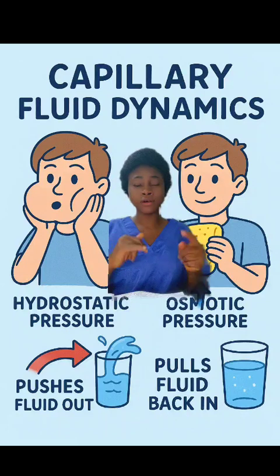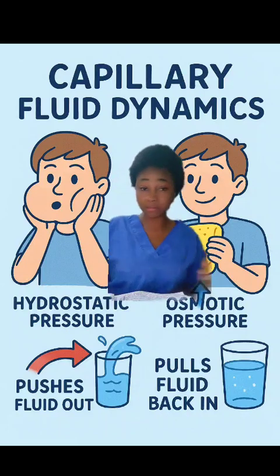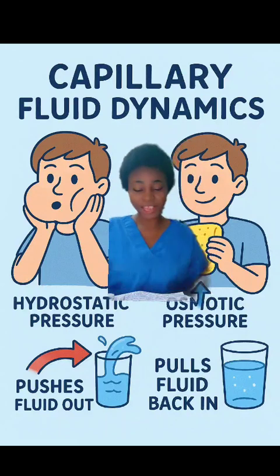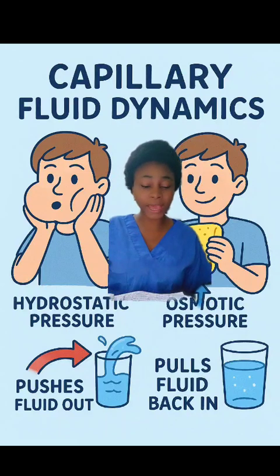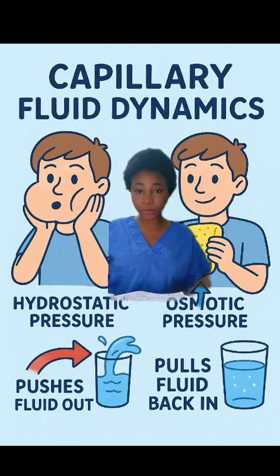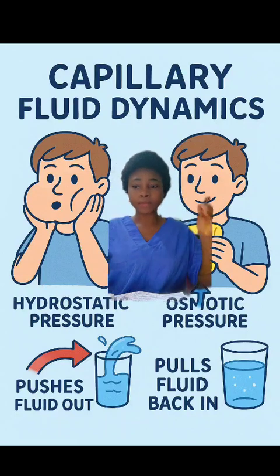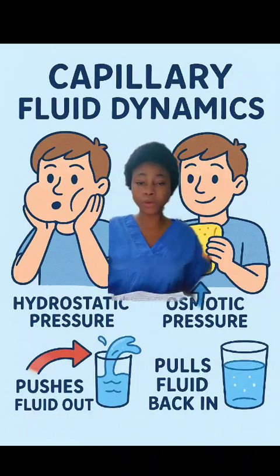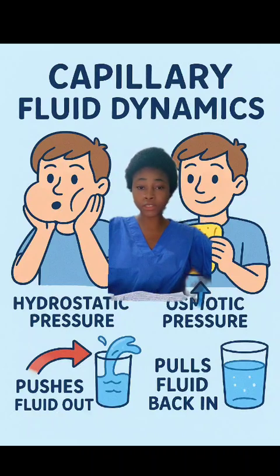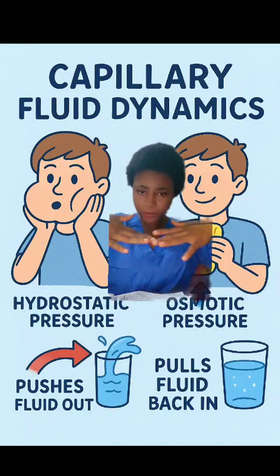So the second force is the capillary osmotic pressure. I call it the pulling. This pressure is created mostly by the plasma proteins, like albumin. These plasma proteins are too large to move across the capillary wall, so they just stay there and act like a sponge.